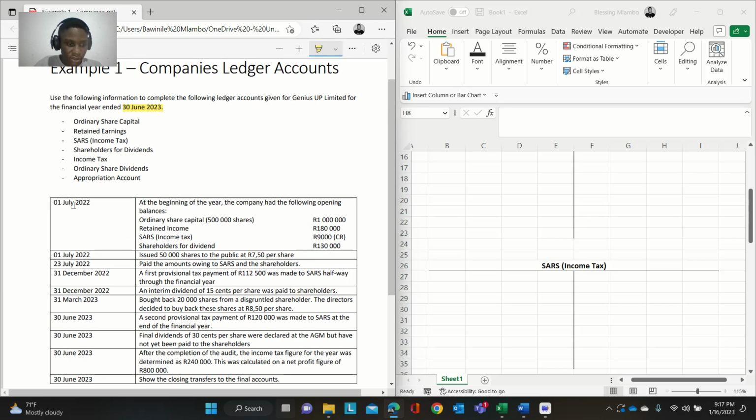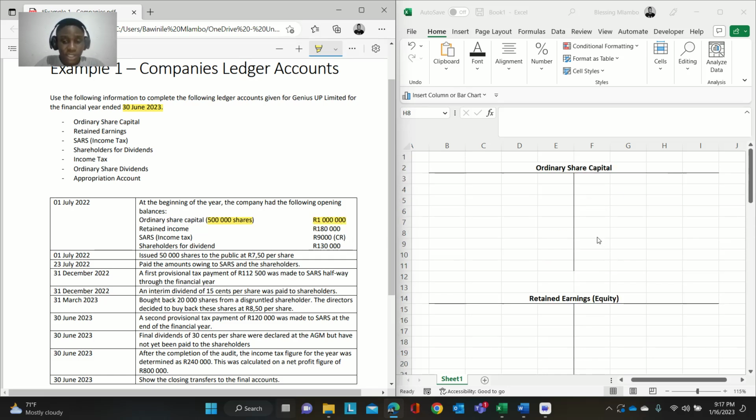So they say on the 1st of July 2022, which is the beginning of the financial year. And then they say at the beginning of the year, the company had the following opening balances. In terms of ordinary share capital, they had 500 shares which were in issue and the value of the shares was 1 million rand. Remember we said the ordinary share capital account is an equity account, meaning that it increases on the credit side, meaning that the balance of the ordinary share capital will always be on the credit side.